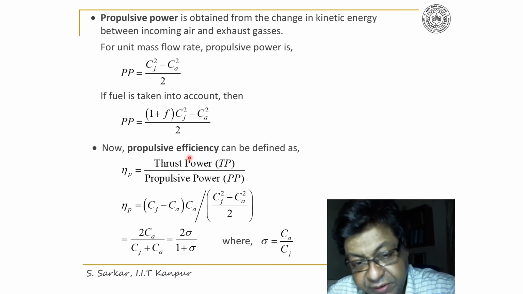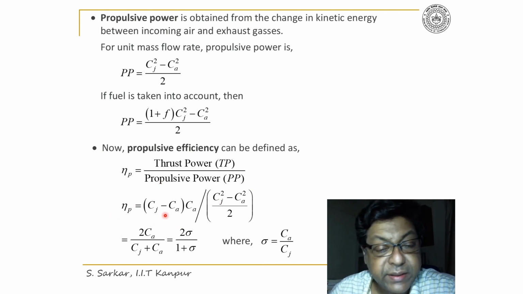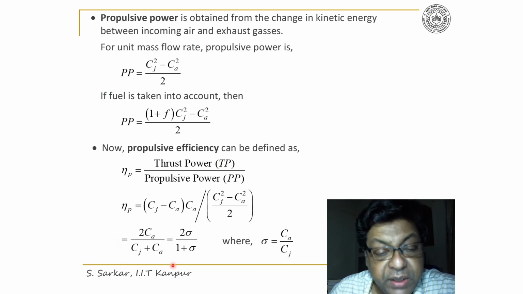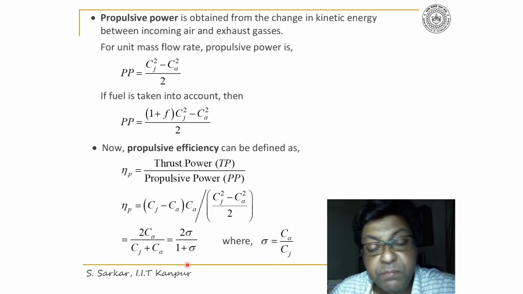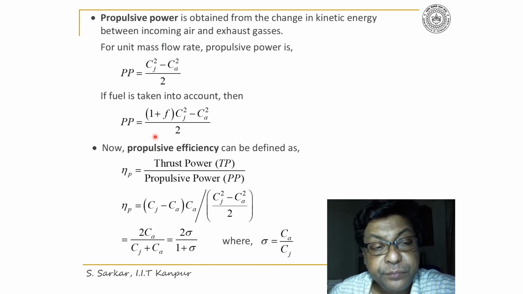Now the propulsive efficiency can be defined as eta P is equal to thrust power divided by propulsive power. So eta P is equal to (Cj minus Ca) into Ca over (Cj squared minus Ca squared) divided by 2. This can be simplified as eta P equal to 2 sigma divided by 1 plus sigma, where sigma is the ratio of Ca by Cj.